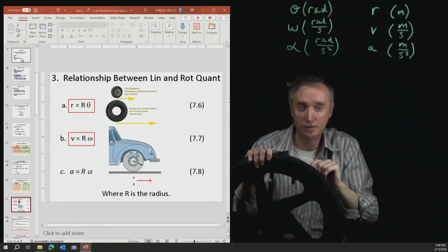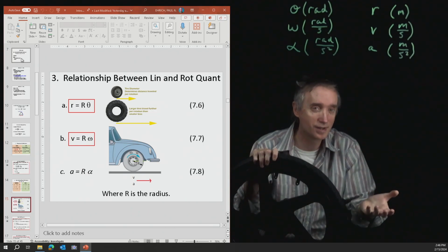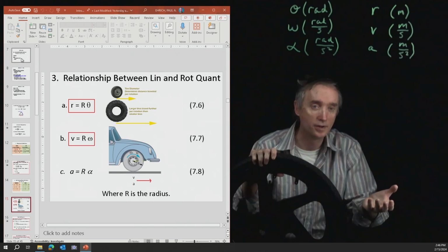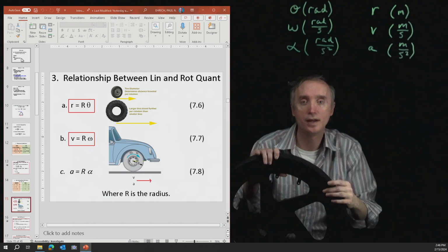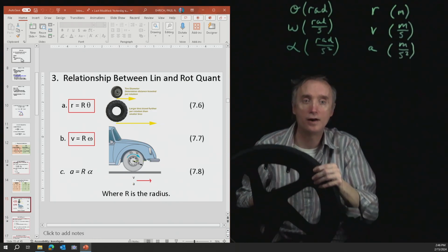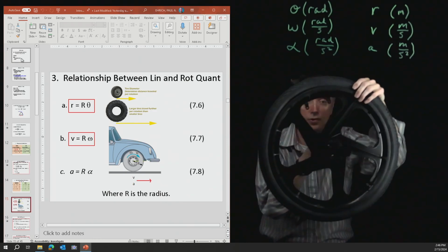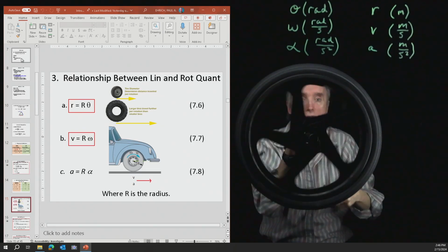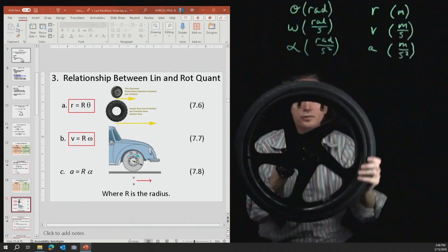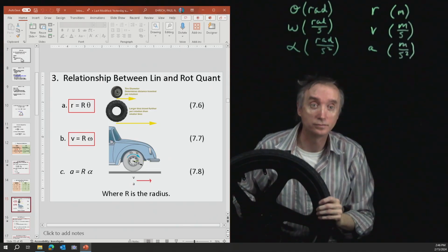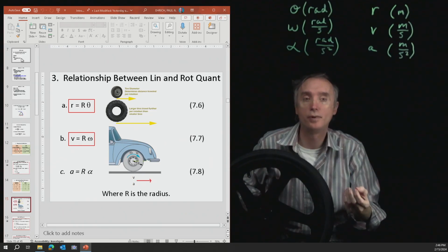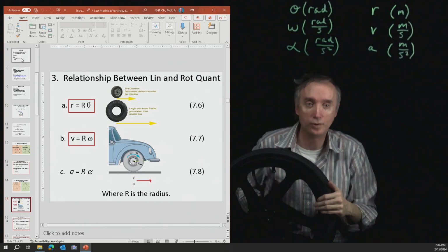You want to do that in meters, so do it in centimeters, then convert it to meters. So what's the connection between how far it rolled sideways versus how far it rolled rotationally? It's going to be related by the radius of the wheel.